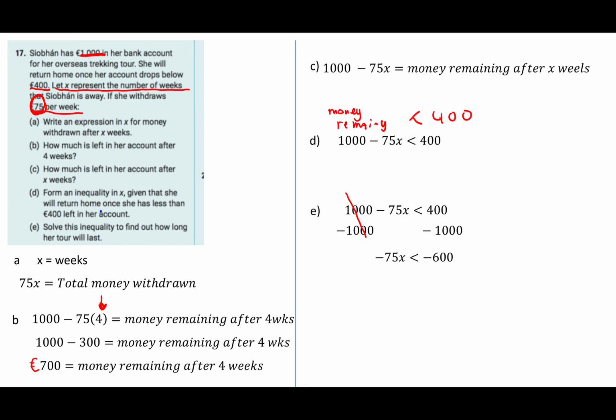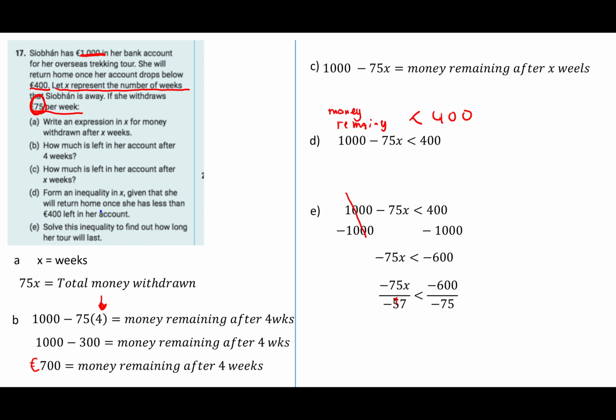We want to find X on its own, so we need to get rid of the minus 75. When solving equations, you must do the opposite. If I have minus 75 times X, to move the minus 75 to the other side, I must divide both sides by minus 75.